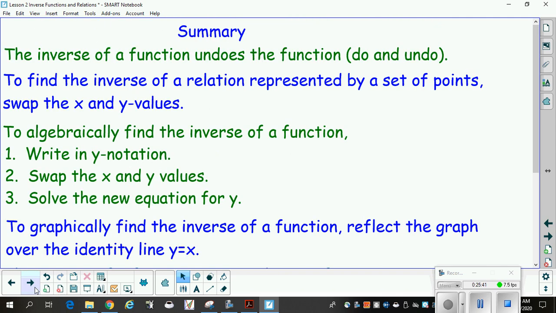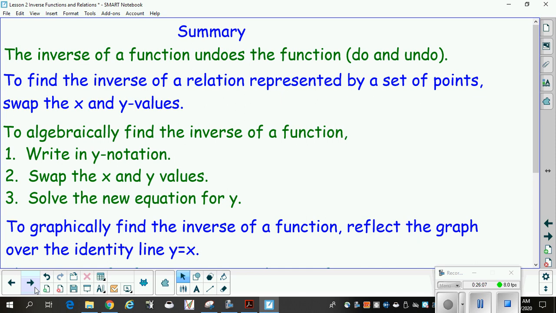In summary, the inverse of a function undoes the function. Do, undo. Open door, closed door. Those are inverses. Add, subtract. Inverses. Multiply, divide. Inverses. Square, square root. Inverses. To find the inverse of a relation represented by a set of points, simply swap the x and y values.